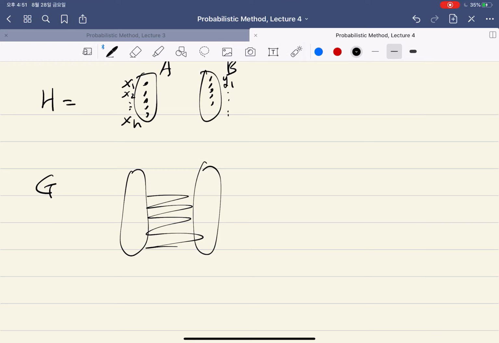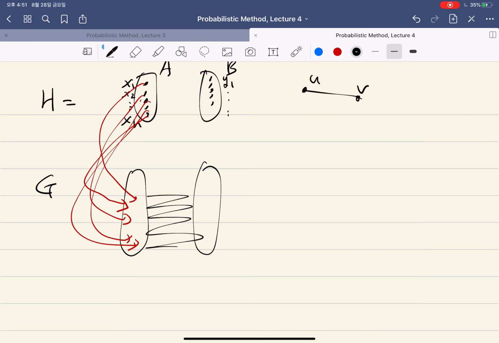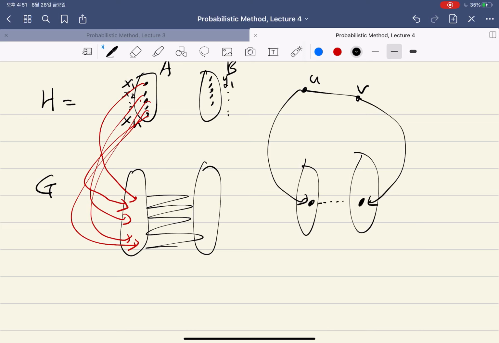Now, recall that this is an independent set. There is no edge between them. So if we map these vertices into vertices here, then no bad thing happens. A bad event is when two vertices are adjacent here, mapped to here and here, but there is no edge. So we want to find H inside of G. How do we do it? We want to map each vertex to here and each vertex to here, so that if there is an edge, then we get an edge.